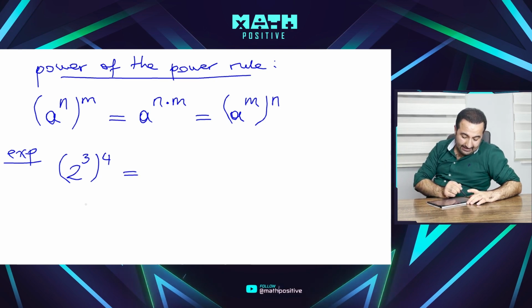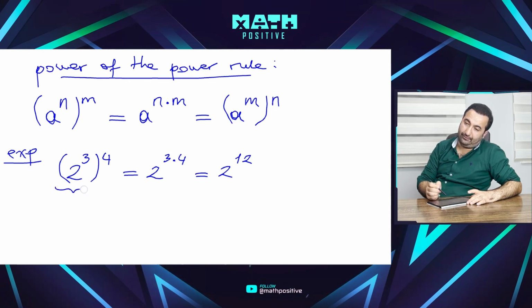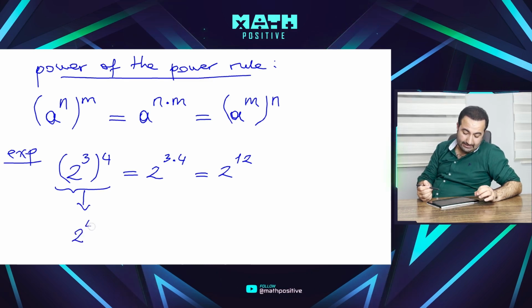Let's see some example. 2 to the power 3 to power 4, which will be equal to 2 to the power 3 times 4, which is 2 to the power 12. Okay, we multiply the powers when we have power of the power rule.